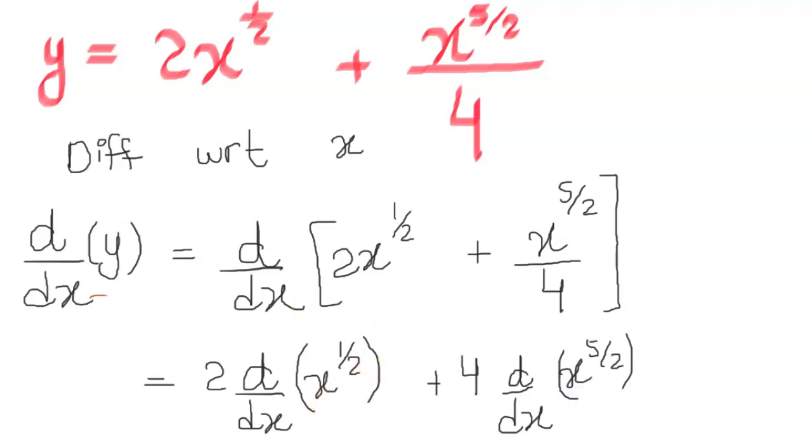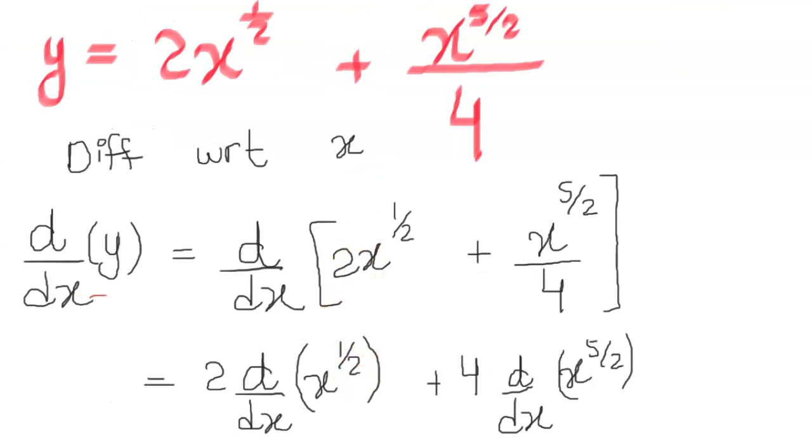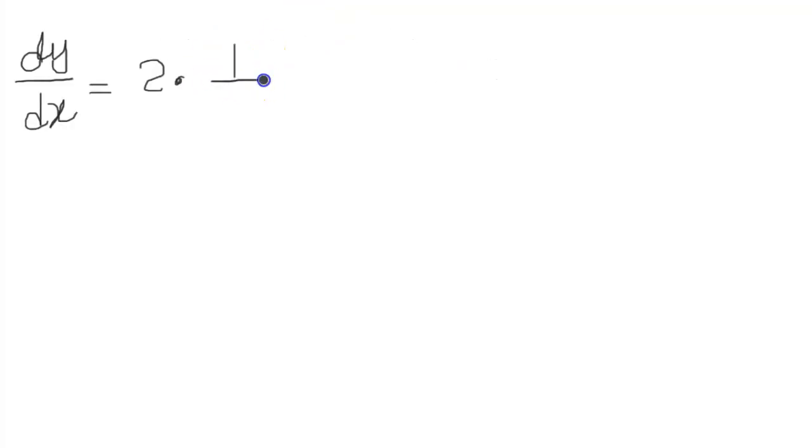And then if I go to the next slide and I differentiate, so I got dy over dx. The 2 was already there. The power, which is half, comes out, and reduce the power of x by 1, so half minus 1.